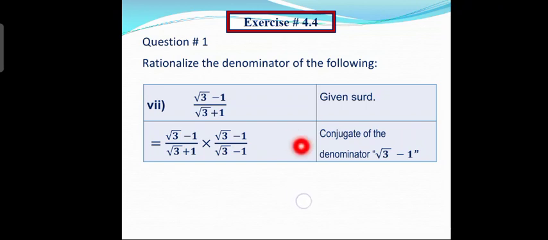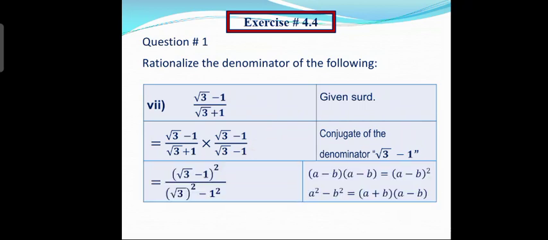So we take the conjugate of the denominator, square root of 3 plus 1, which is square root of 3 minus 1. So multiplying and dividing by the conjugate of the denominator, that is square root of 3 minus 1 upon square root of 3 minus 1.